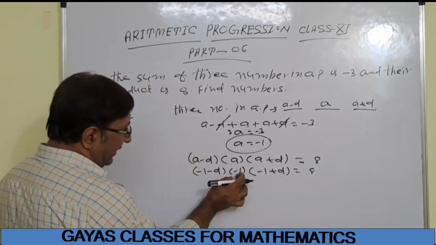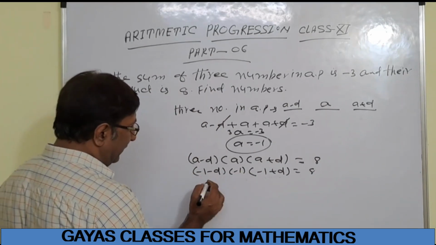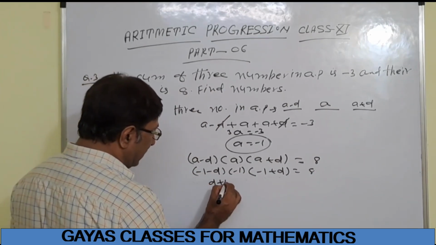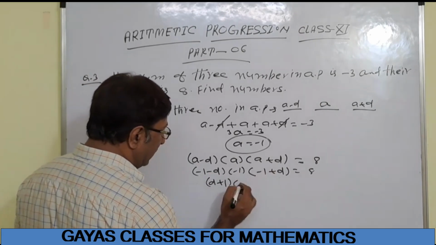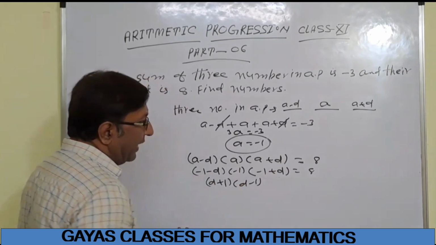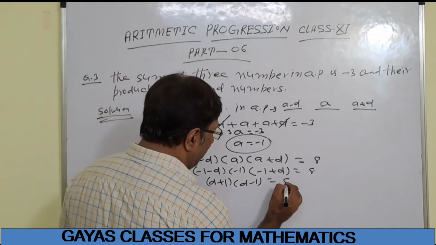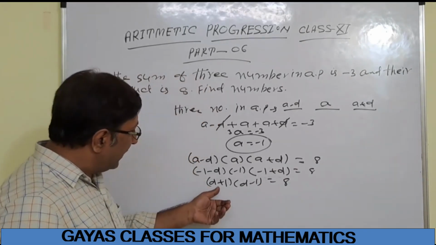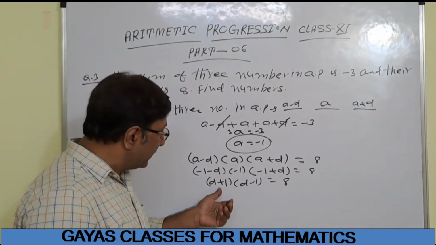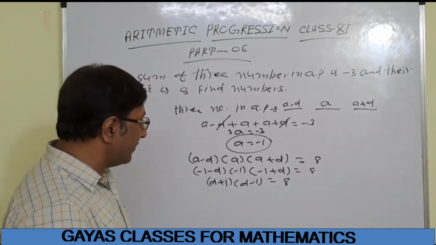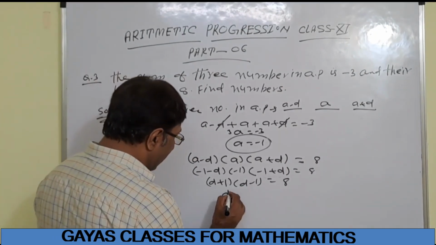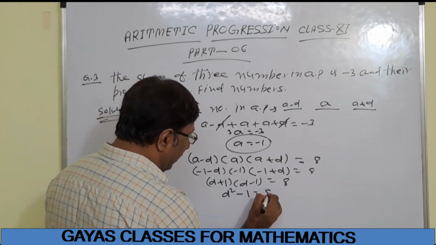So here minus 1, so it will become positive. So we will get D plus 1 into D minus 1. Minus 1 plus D, we can write D minus 1. This equals 8. You know A plus B, A minus B: D plus 1, D minus 1 is D square minus 1 square. So D square minus 1 equals 8.